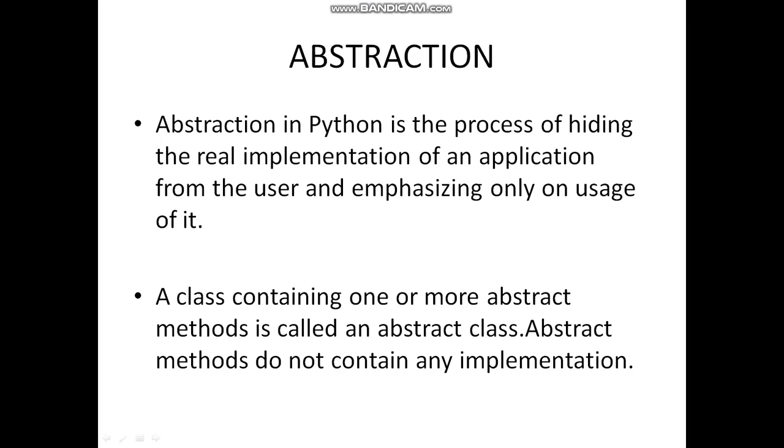But after you pay that, there are so many processes going on behind it which you are not aware of, isn't it? Only the usage of the application is actually given to the user and you don't know what is happening behind it. Such things are known as abstraction in Python. It is the process of hiding things.